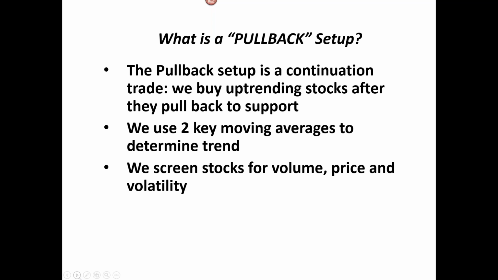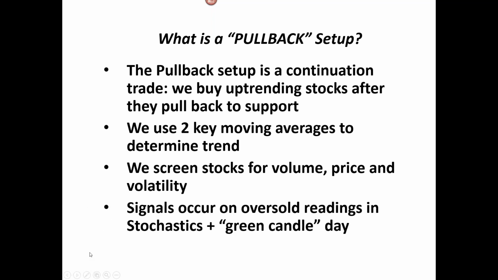We're looking for the big movers, and that's already coded in for you. And then lastly, we enter on a signal. We have to look for a specific signal, which we will find in the candlestick chart. And we're also looking for a specific signal on the stochastics indicator.